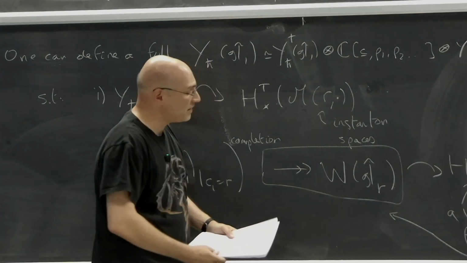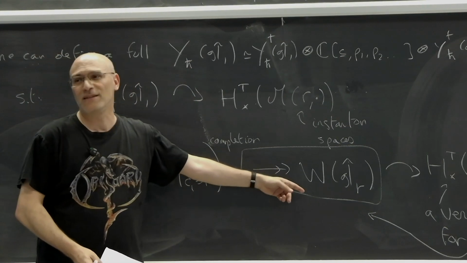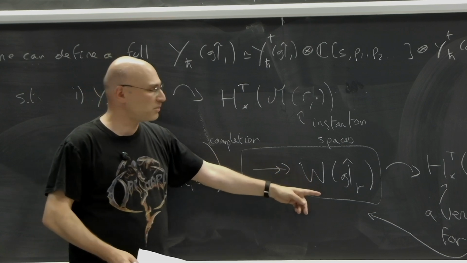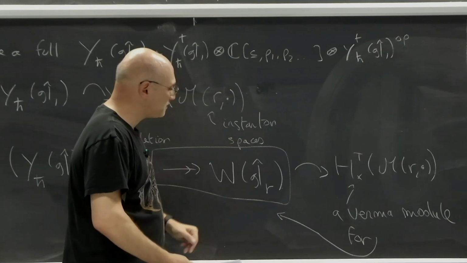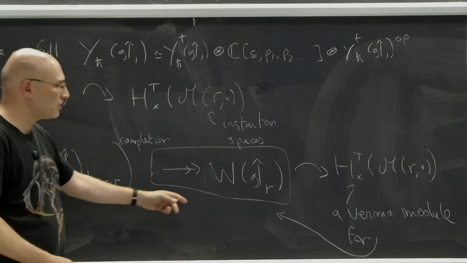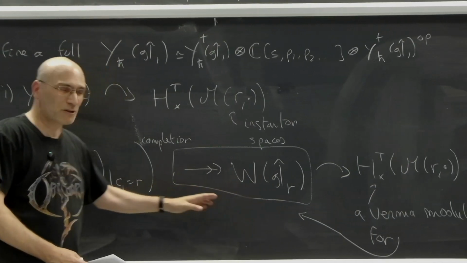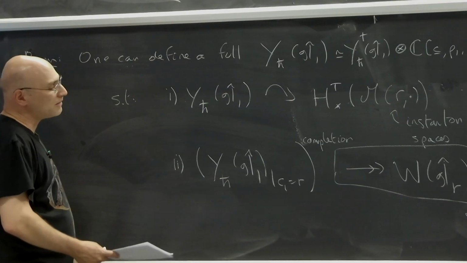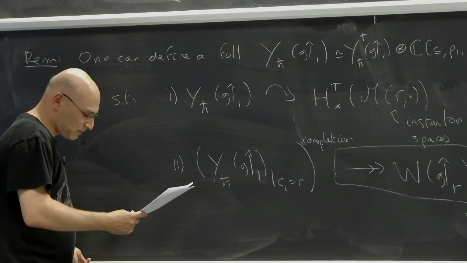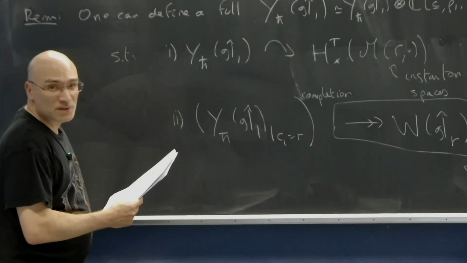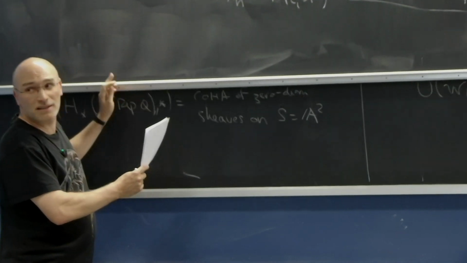So we have no idea if there exists an analog of the affine W algebra for an arbitrary surface and how one could construct it. But the rest of the picture we can generalize for any surface. So that's what I want to do today. So are there any questions on that A2 thing?